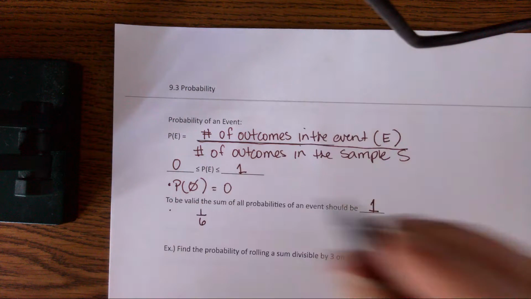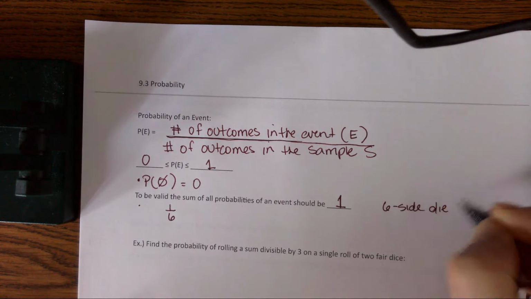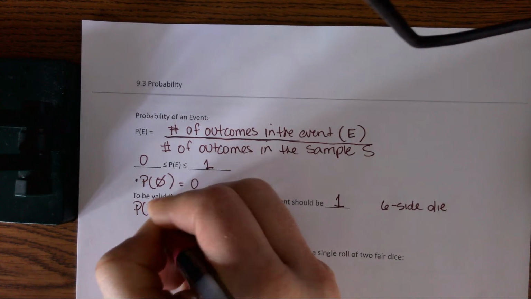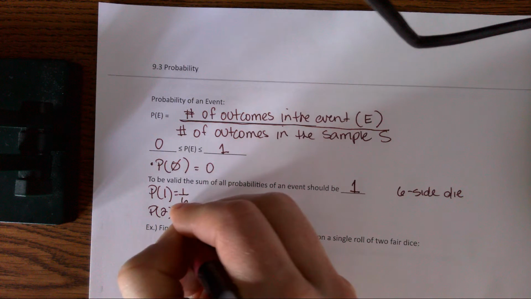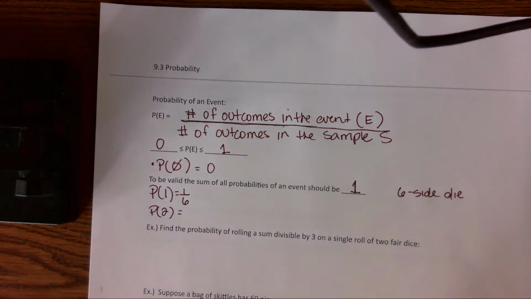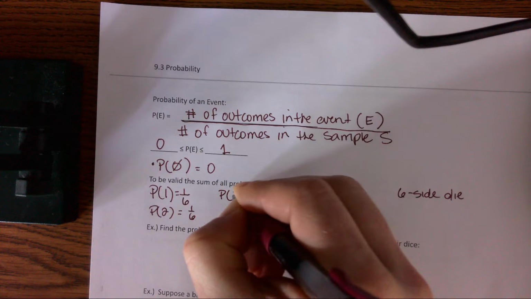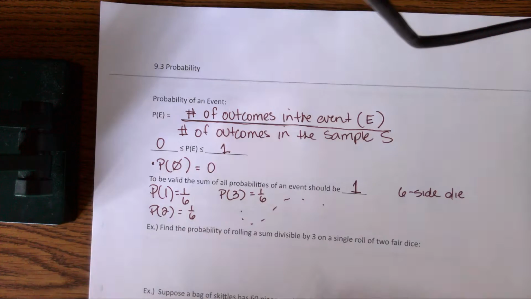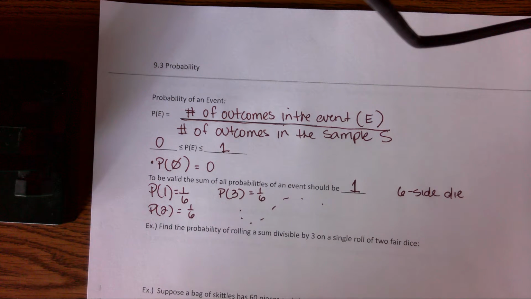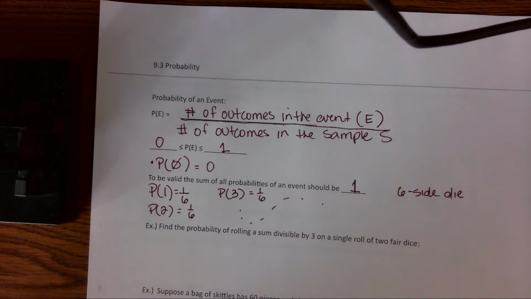The probability of rolling a 2 is 1/6, because how many faces are there? The probability of rolling a 3 is 1/6. If you added that all up, you'd have 6/6, which is 1. This happens to be a probability that has equally likely outcomes. That is not always the case.